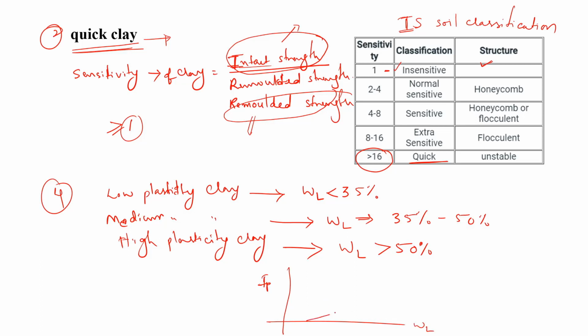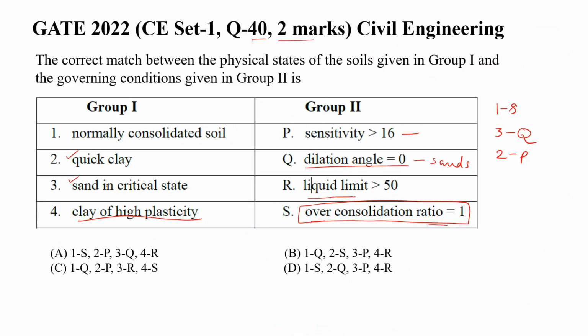The chart shows the relation between IP and liquid limit, with values 20, 35, 50. These regions are called low plasticity clays, medium plasticity clays, and high plasticity clays. That is how clay of high plasticity can be related to liquid limit greater than 50.